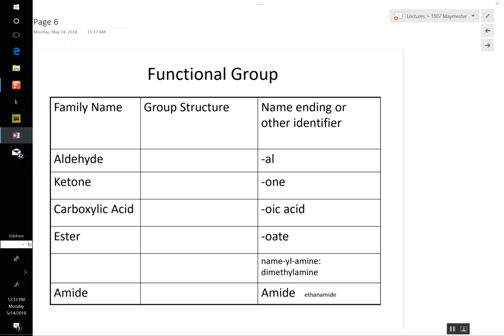You can make alcohols, aldehydes, ketones, ethers, carboxylic acids, esters, just from carbon, oxygen, and hydrogen. Now down here, we're going to add nitrogen. The first thing is amines. There's going to be a nitrogen, an NH2 group, or an NH, or something like that.